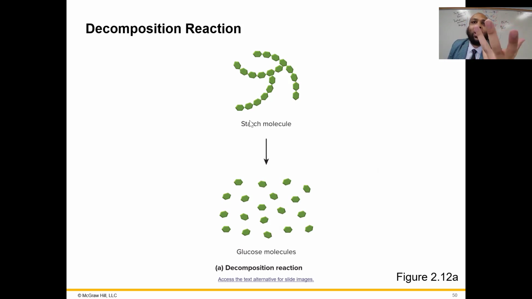You see here it was big. Now it's chopped up into smaller parts. You see where my mouse is? Your starch molecule got chopped up into smaller parts. What kind of reaction is that? That's an example of decomposition.